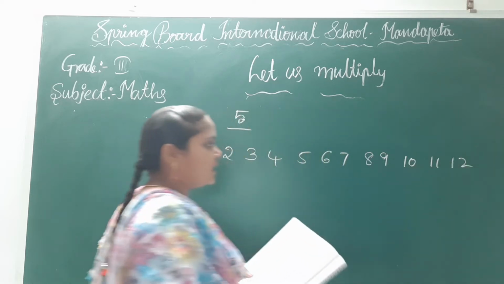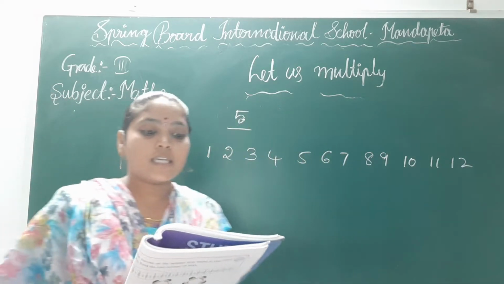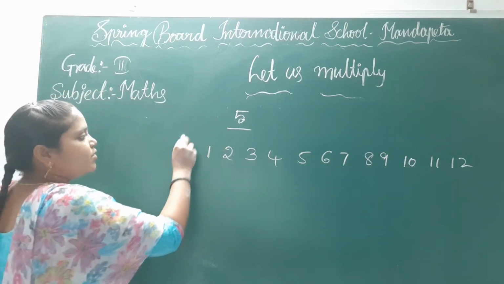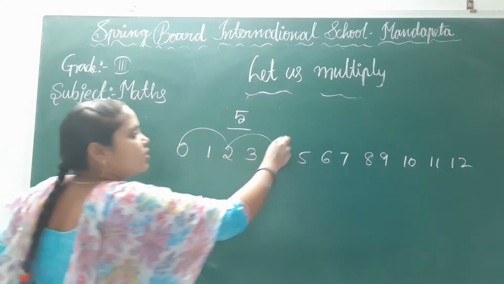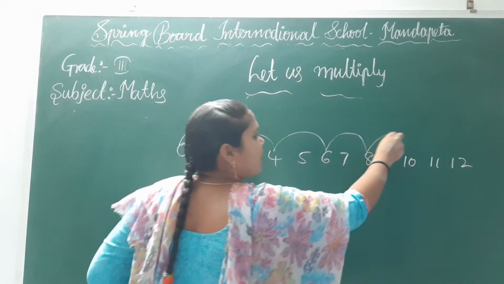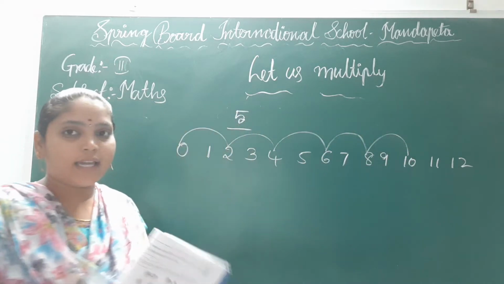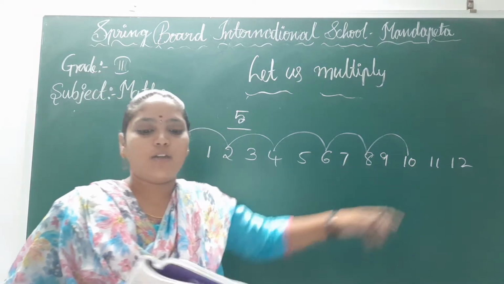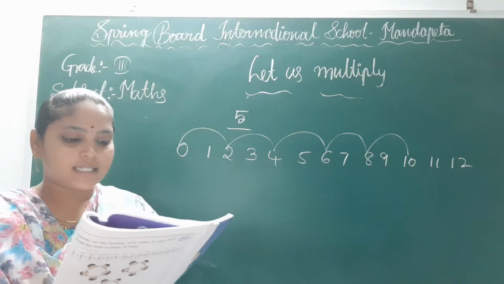You have to take the number line and skip count 5 times in 2s. So 5 groups of 2 marbles is 10.